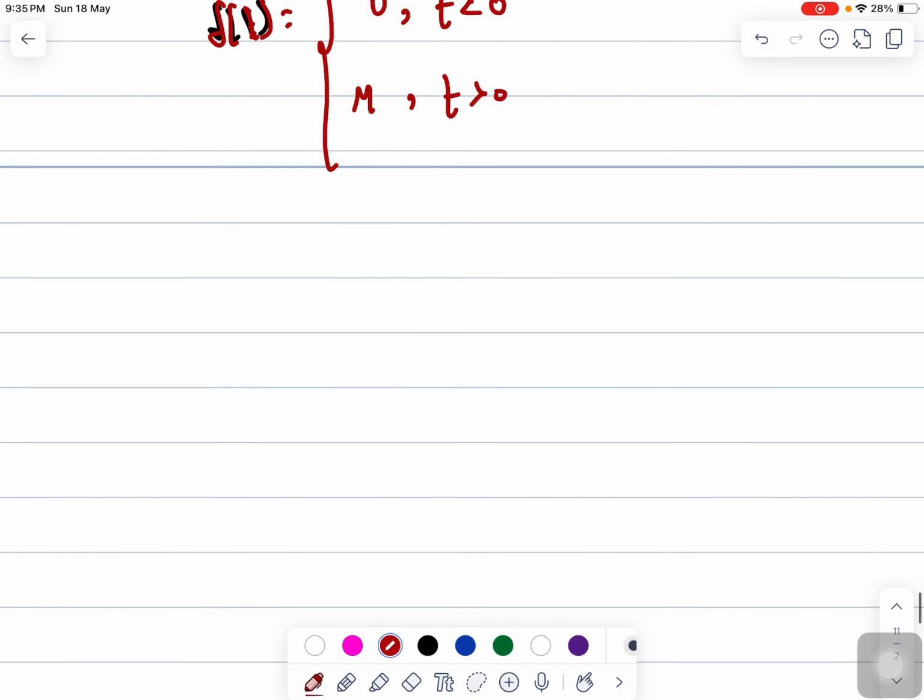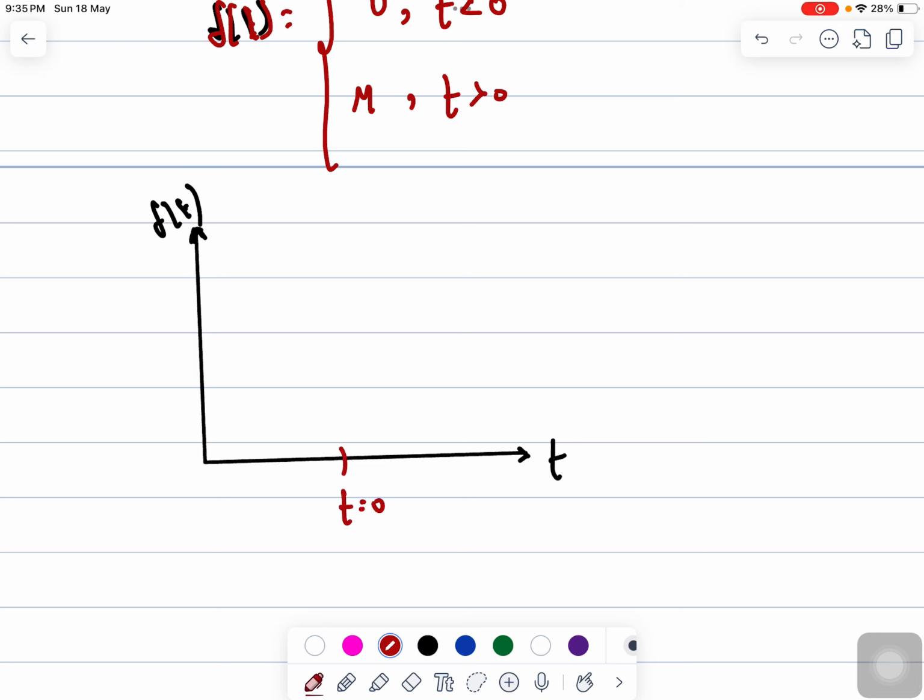So how does it look? If you see the step input, the plot should be like this. If this is the time axis and this is the functional value, assuming t equals 0, till this time the function value will be 0.